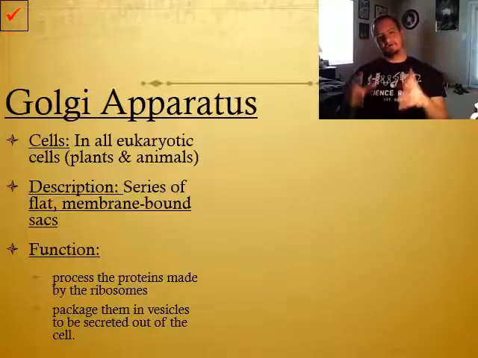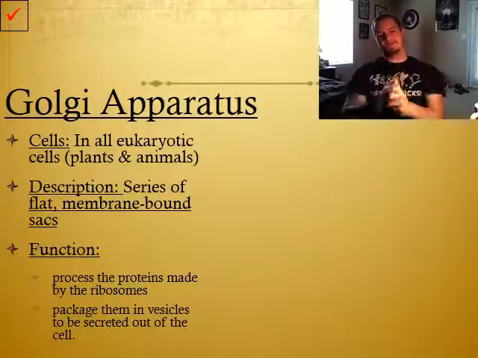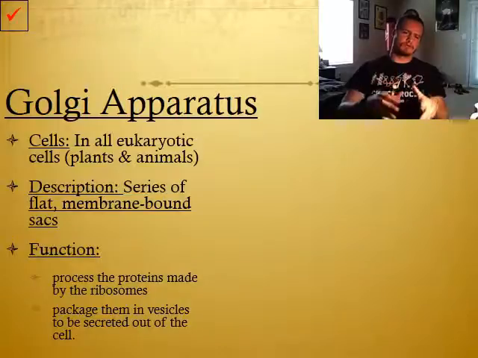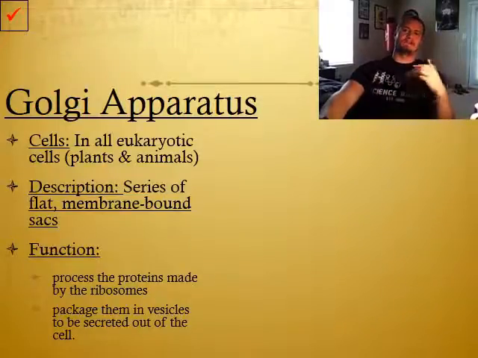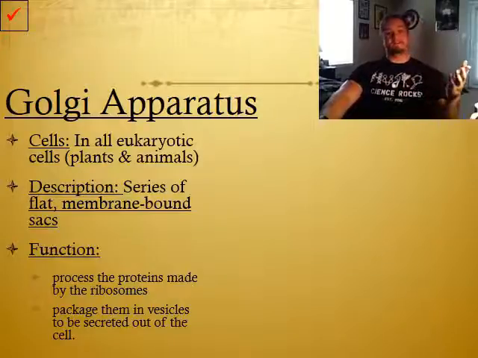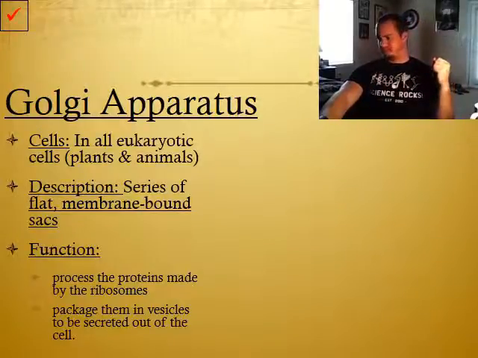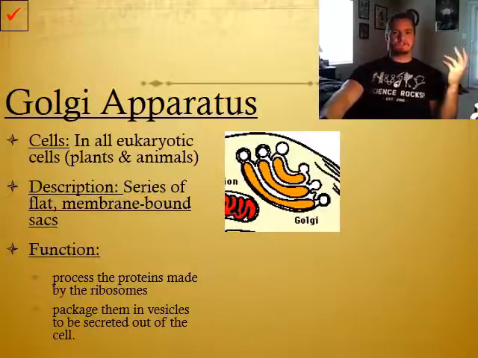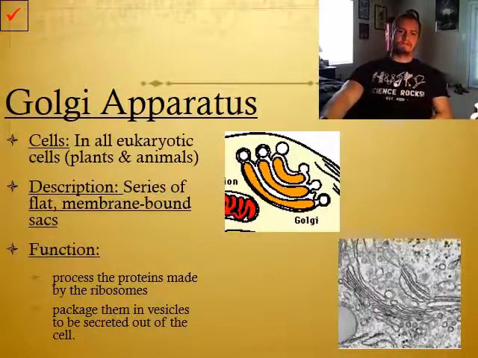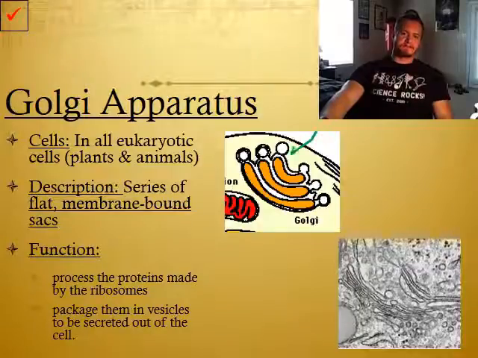So what they do is they package these proteins in vesicles or little storage boxes and secrete them out of the cell. The Golgi is kind of like a shipping department or FedEx or UPS, anything like that. So as you can see here, they look like a flat stack of pancakes.